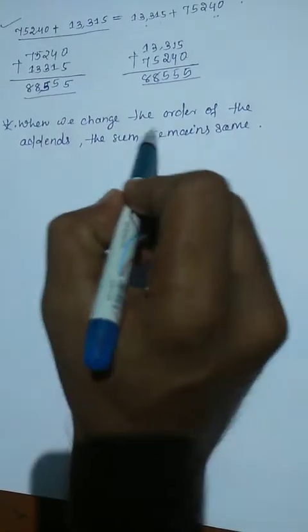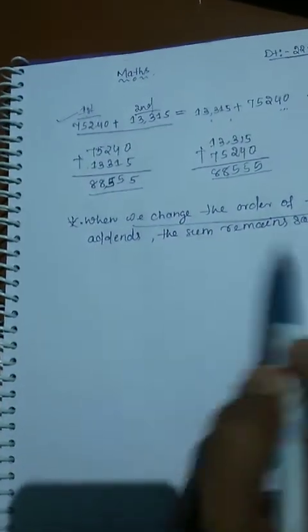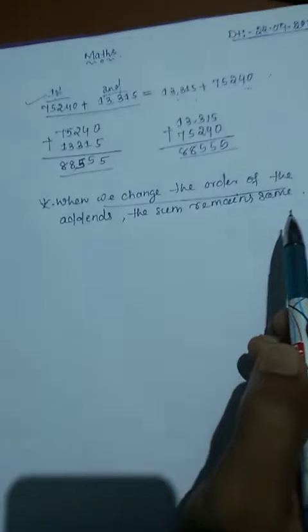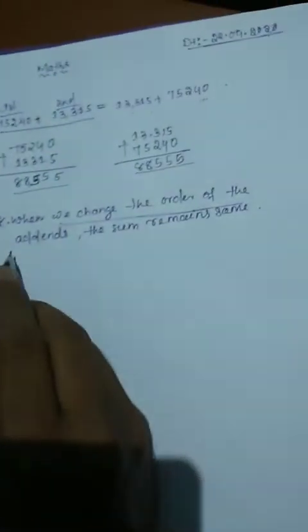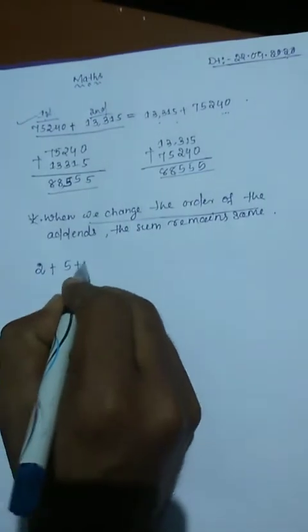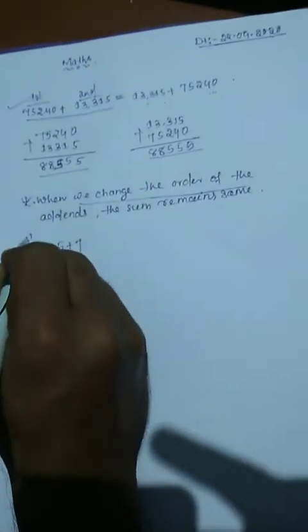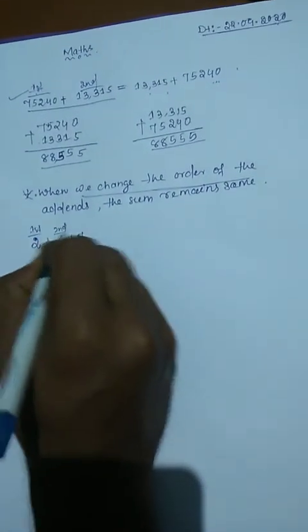Suppose this one is the first order and this one is the second order. We change the first order to second order and the second order becomes first order. So when we change the order of the addends, the sum remains the same. Suppose we add 2 plus 5 plus 7. This one is first, this one is second, this one is third.